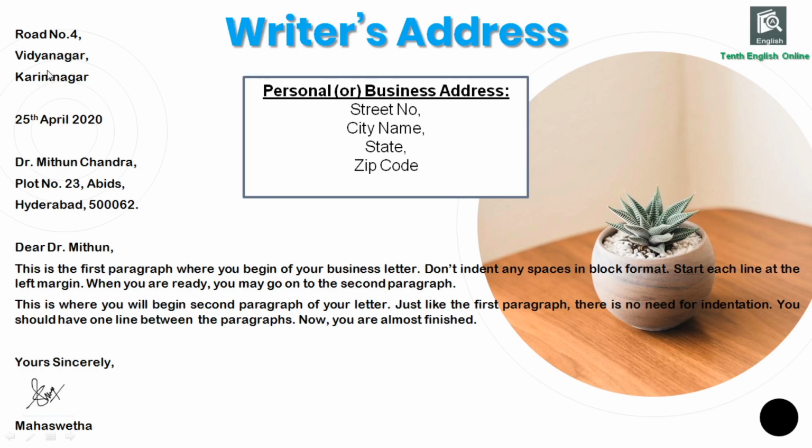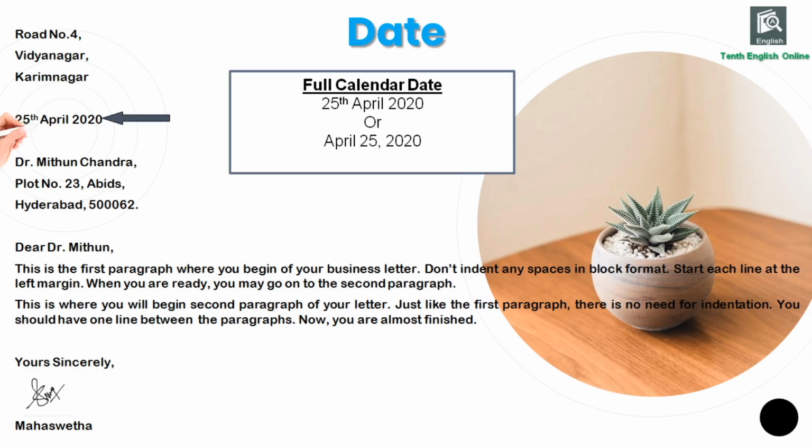We have to mention the standard date, the full calendar date. Most people write incomplete date formats like 25-APR April 2020. Fine. So we should write the complete standard date format like shown here. Okay, 25th April 2020. Right.